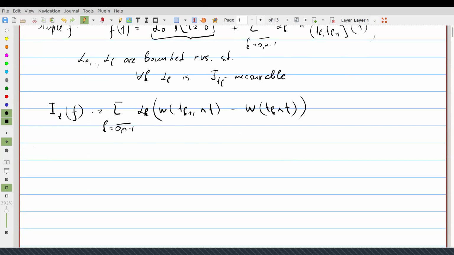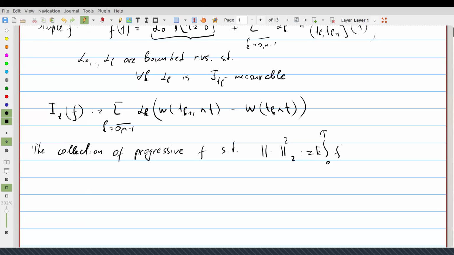And then we considered the collection of progressive processes phi such that this expression, the integral from 0 to T of the mathematical expectation of f squared of s ds, is finite.